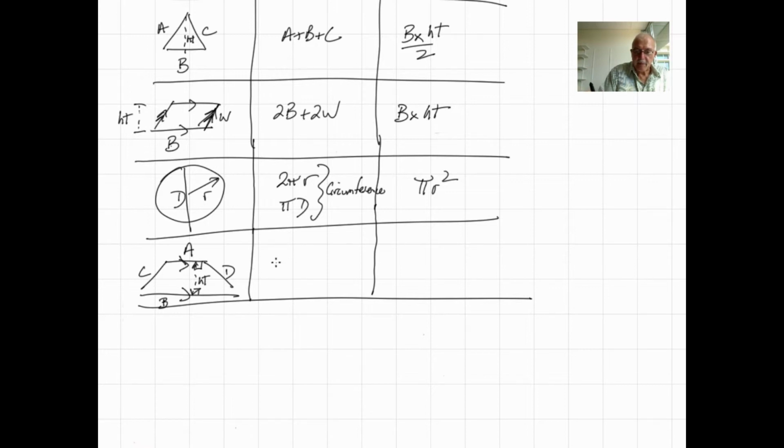So the perimeter would be just A plus B plus C plus D, add up the 4 sides. And the area is the average of the 2 parallel sides, so A plus B on 2, the average of that times the perpendicular height. So they are the basic ones that should get you through most of this work.